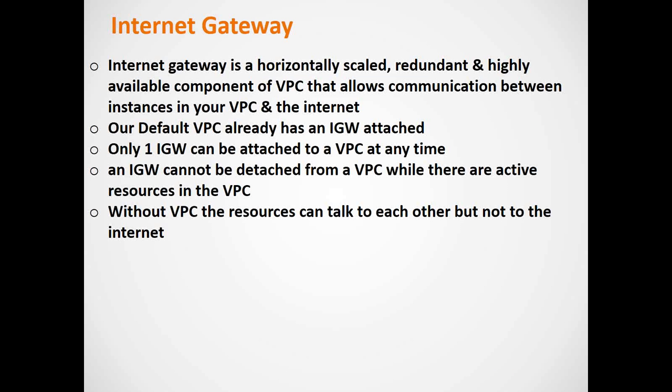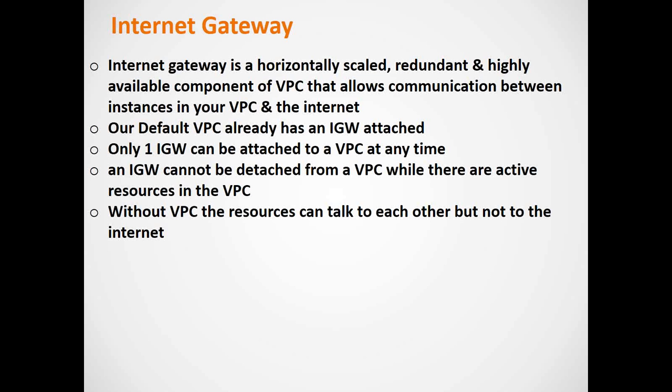Now, when you are trying to create a VPC, what will happen? Along with the VPC, this component called the internet gateway will also come. Sometime back I said, whenever you create an account, by default you will get a virtual private cloud, right?